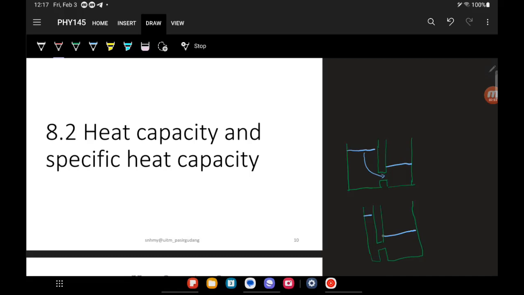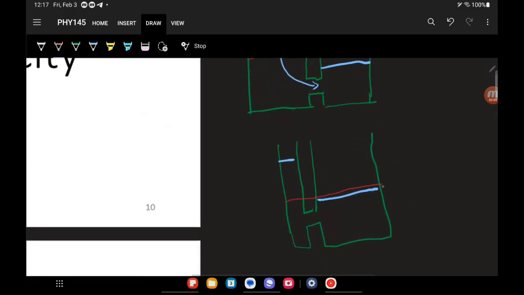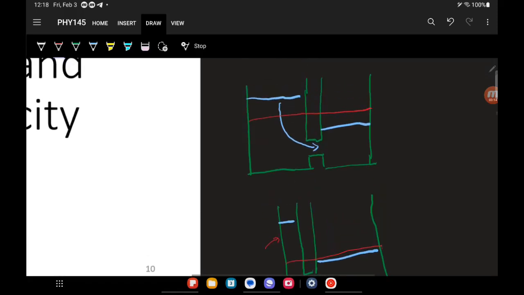Let's say the equilibrium point for this one is going to be like that, and for this one it's going to be a little bit higher, like that. The difference between these two is the height increase due to the flow on the left side of the container. Between the up and down examples, you will see that the top one increases more, whereas the decrement is lesser compared to this one.